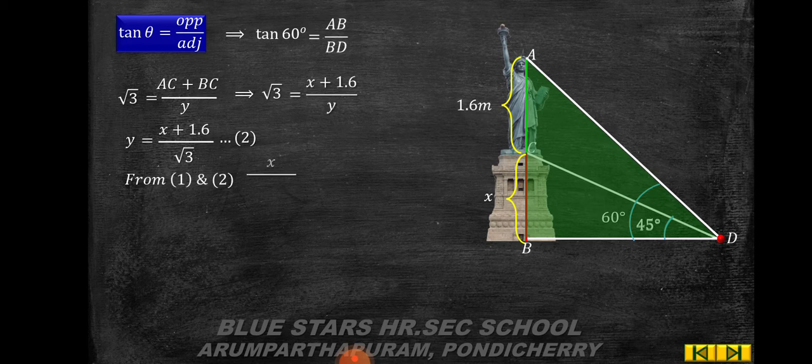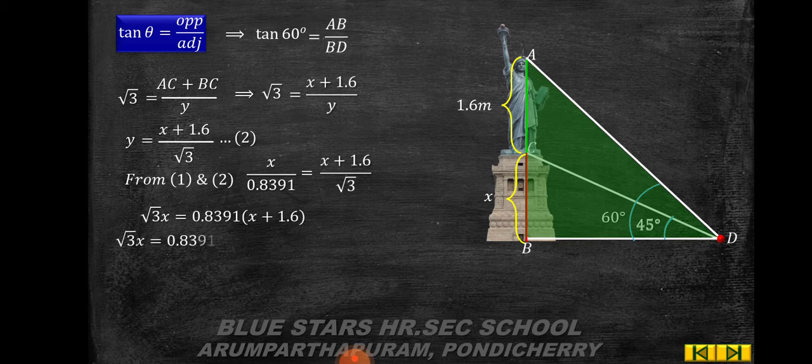So from equation 1 and 2 we get x divided by 0.8391, which is equal to x plus 1.6 divided by root 3. So root 3x is equal to 0.8391 into x plus 1.6. Root 3x is equal to 0.8391 into x plus 1.6 into 0.8391.